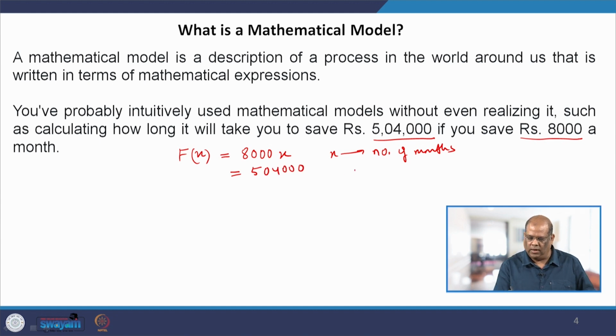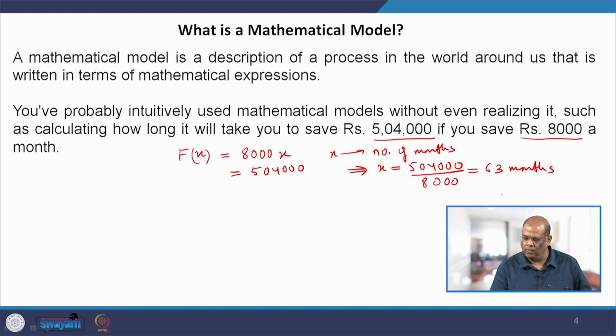So, if you solve this equation, you can easily get x equal to 5,04,000 divided by 8,000, which is 63 months, which is approximately 5.25 years.